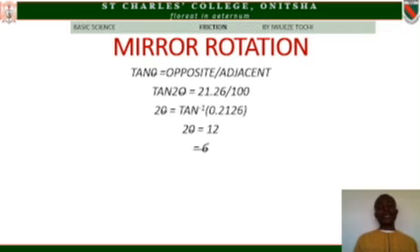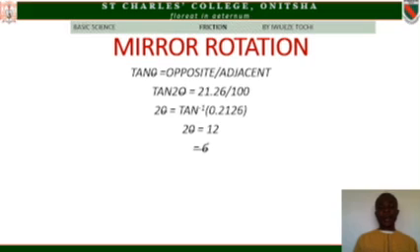So tan 2 theta equals 21.26 over 100, because the 1 meter on the diagram converts to 100 cm, and the 21.26 cm is the horizontal distance of the reflected ray of light.